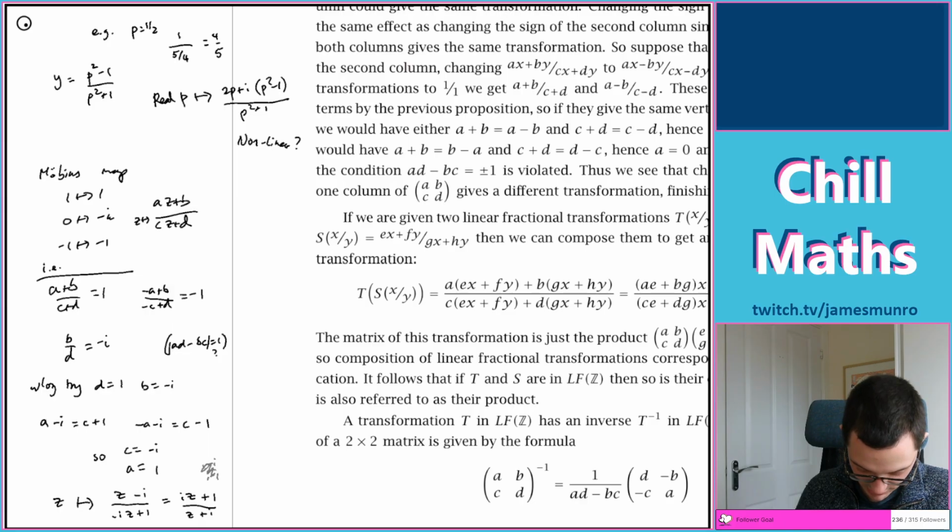I think we're good. So then what on earth is going on to compare this non-linear map up here, the stereographic projection that sends the real line to the unit circle, versus this map down here, which does the same thing, but mildly different? Oh, maybe not mildly different, right?